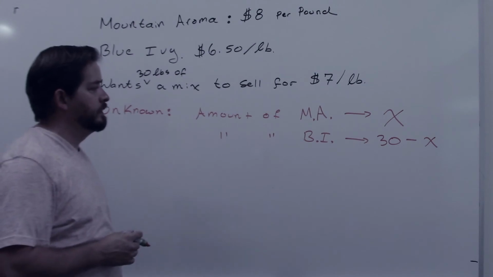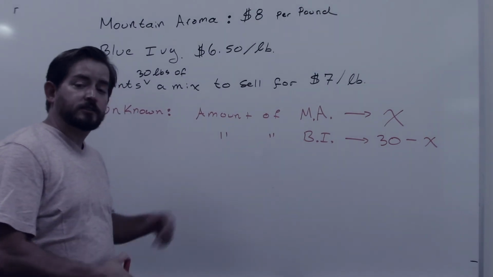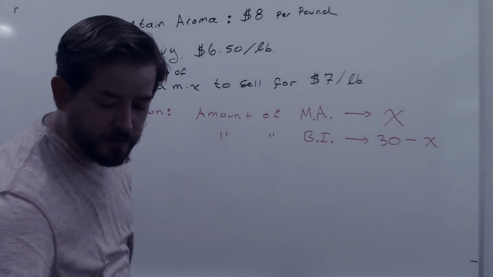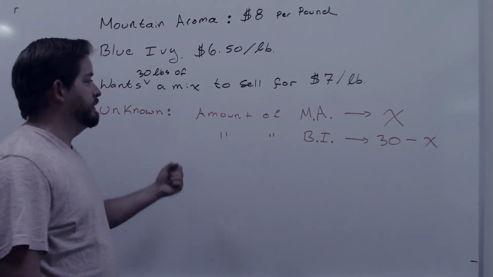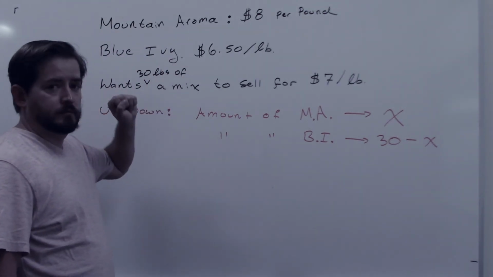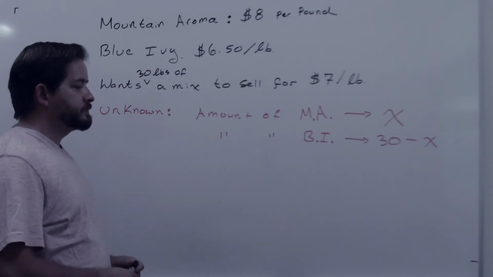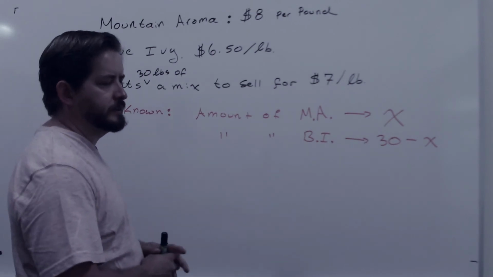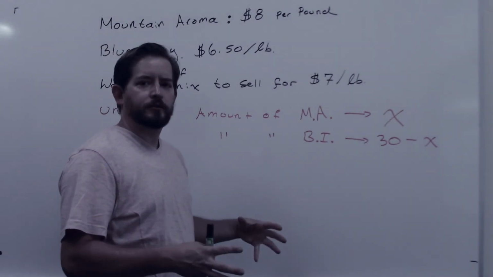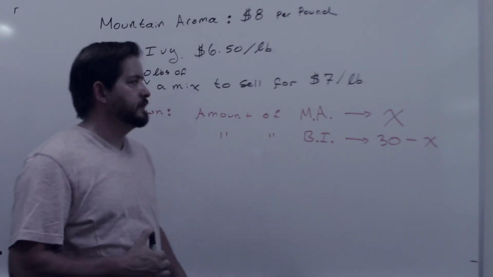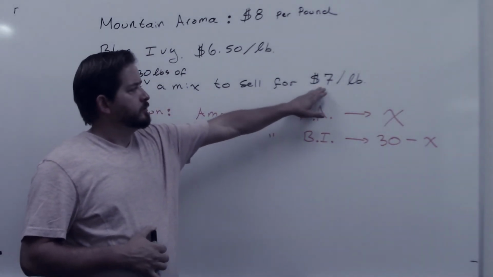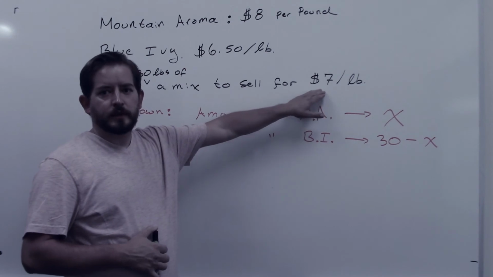Right? And again, very similarly to the last question, I'm going to create an equation using the money. This one's a little bit different because in the last problem we had the total amount given to us. She had $2.10. Here we're given a rate. We're selling this for $7 a pound, right?